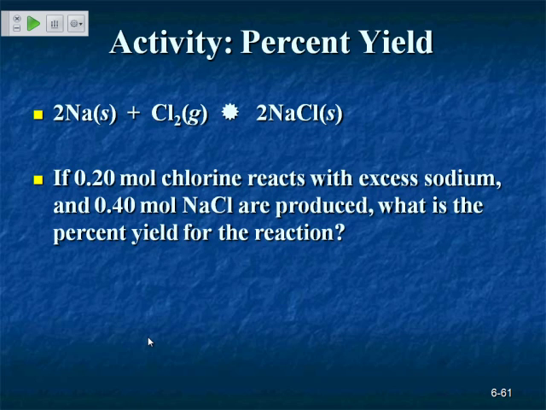When you look at the balanced equation, what does the mole ratio tell you? 1 mole of chlorine will produce 2 moles of sodium chloride. So if you have 0.20 moles of chlorine, how many moles of sodium chloride should you get? 0.4. And in this case, you have got 0.4 moles. If you calculate the percent yield, you would get 100%.